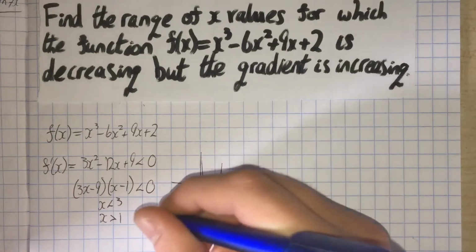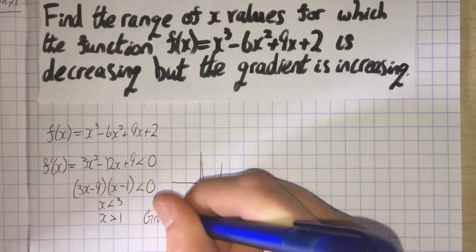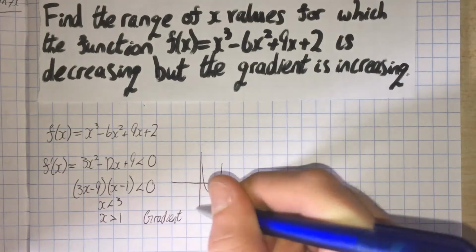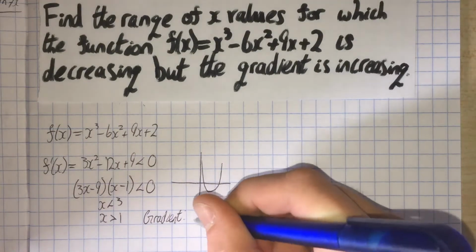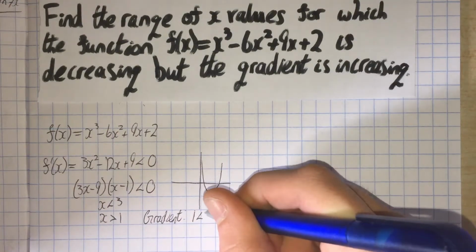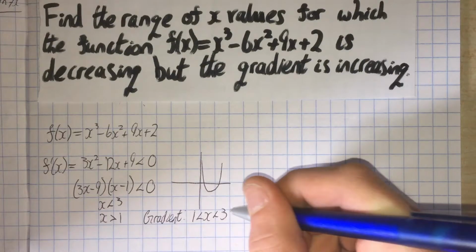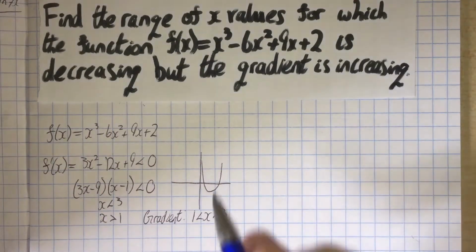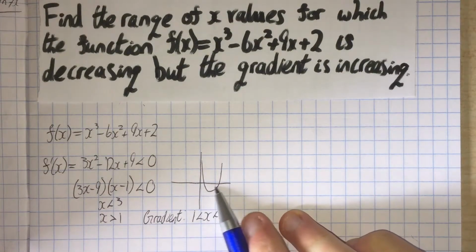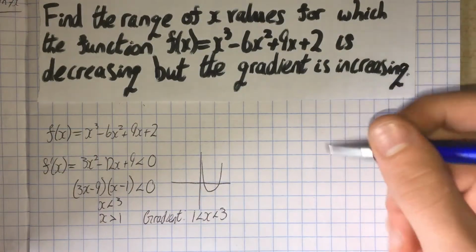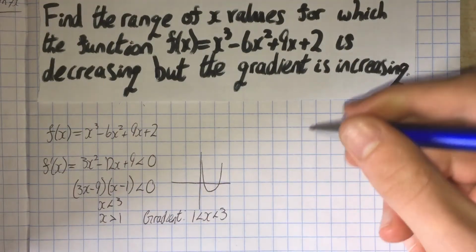So x is less than 3, but x is also greater than 1. So for the gradient function part of this question, 1 is less than x, which is less than 3. And that is this section here. Now we need to find when the gradient is increasing.